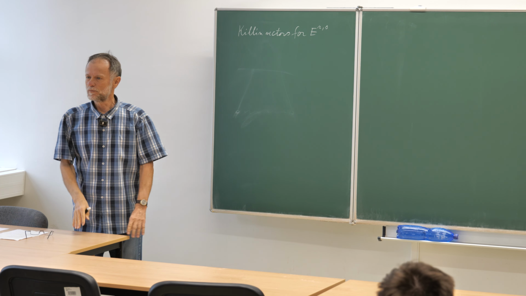For isometries, chi is 0, so we had two equations. A comma x is 0 and b comma y is 0. And from chi equals 0, we have a comma x is 0 and b comma y is 0. So a is a function of y and b is a function of x.